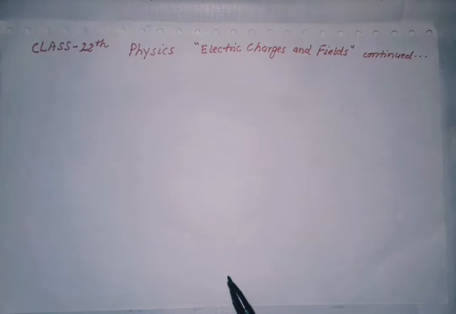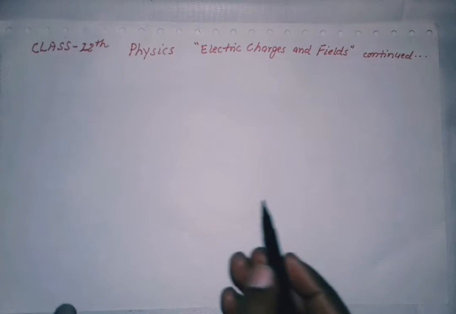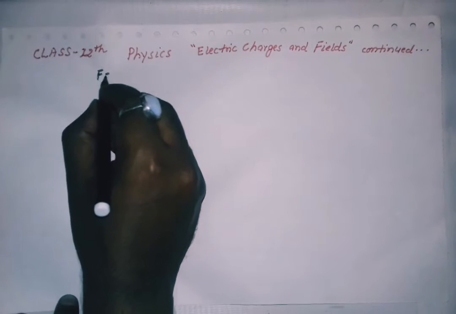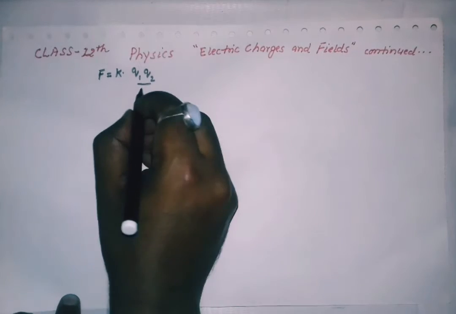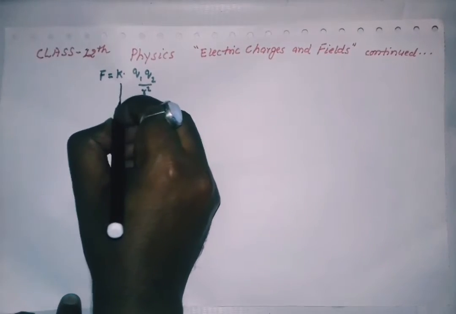Hello students, in the last lectures we have discussed the dielectric constant, which is given as F equal to K Q1 Q2 divided by R square. So this K is a constant.